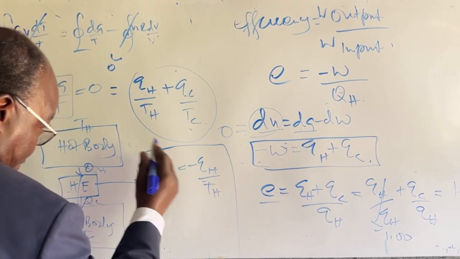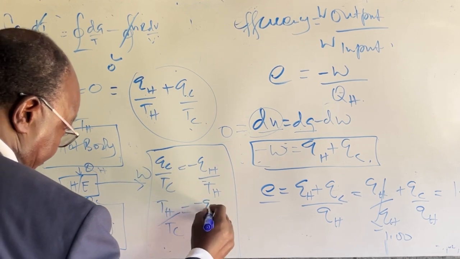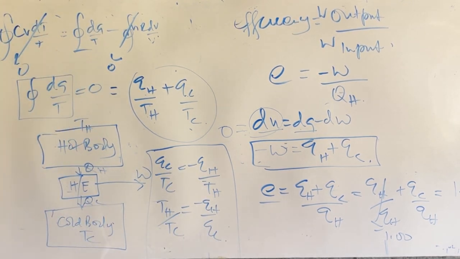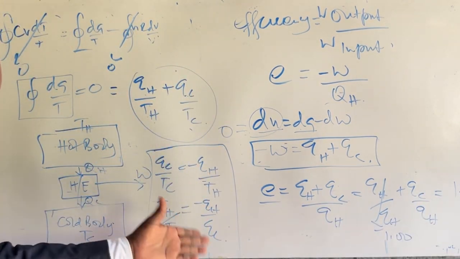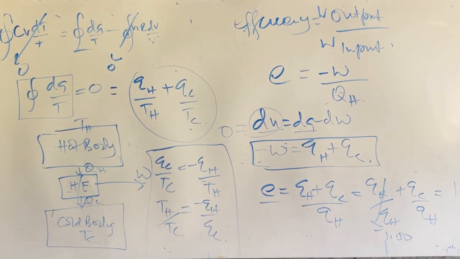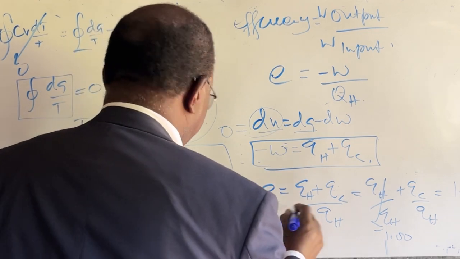Of course, you can put the temperatures together, and we'll have minus QH over QC is TH over TC. And you can use that expression there. That is, if you have QC over QH in terms of temperature, just invert them. That will be QC over QH is equal to minus TC over TH. Plug in the temperature there, and you get the efficiency in terms of temperature.